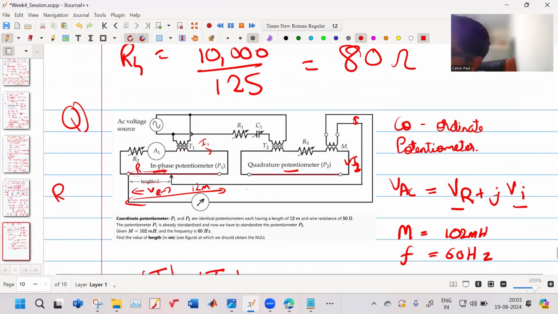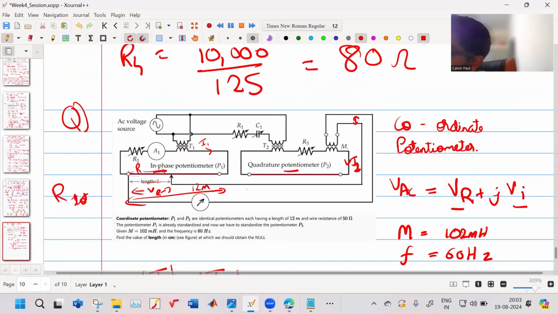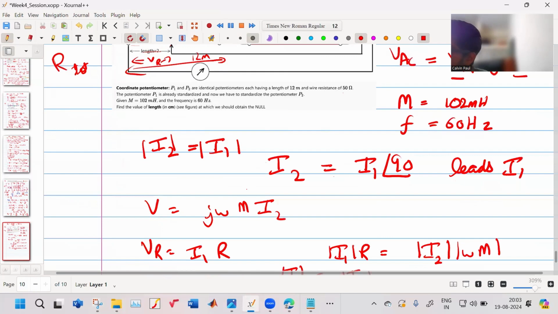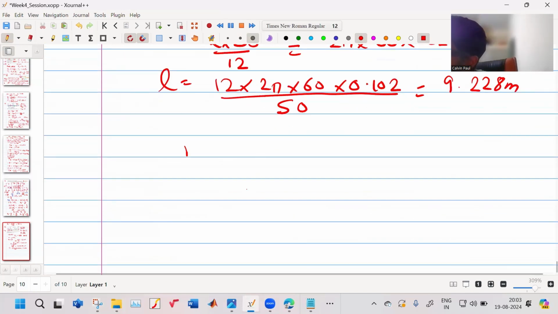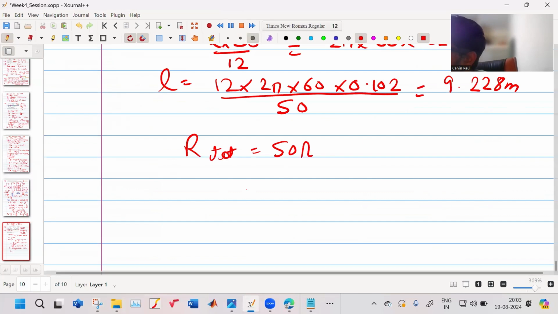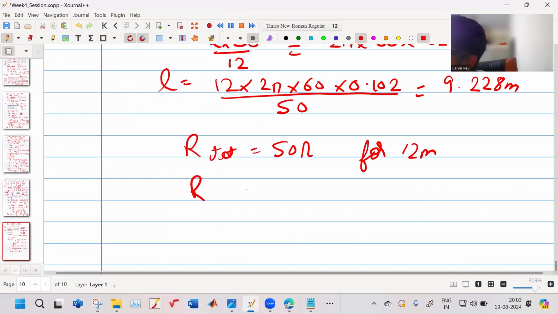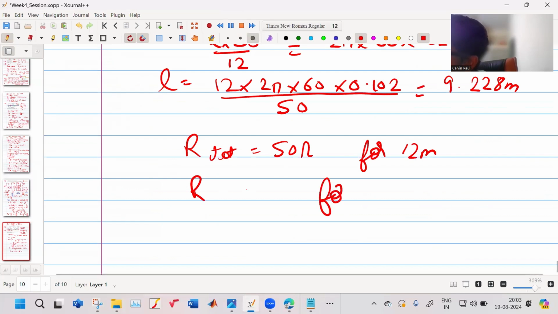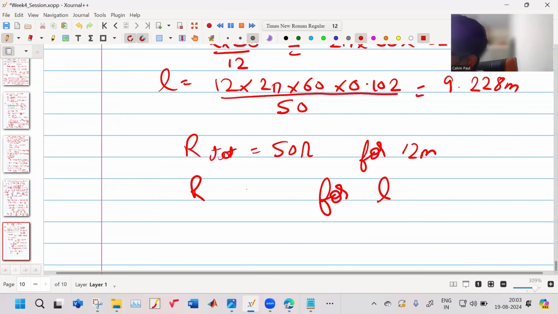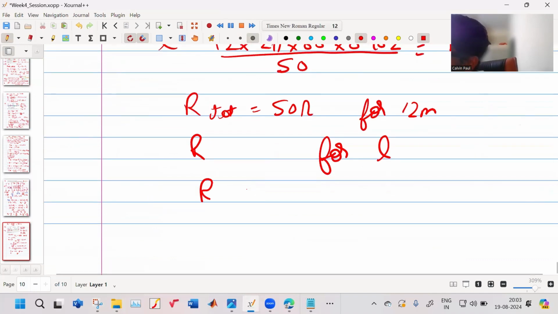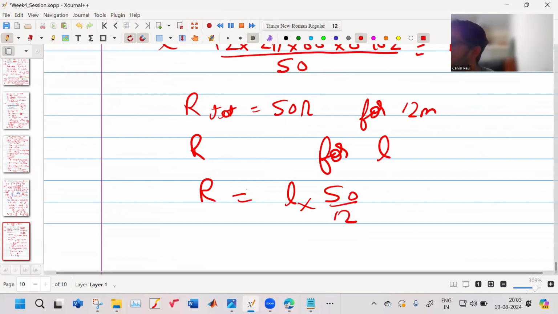Suppose R total is equal to 50 ohm for 12 meter, but your R for length L is some value. So this R is equal to L into 50 by 12.